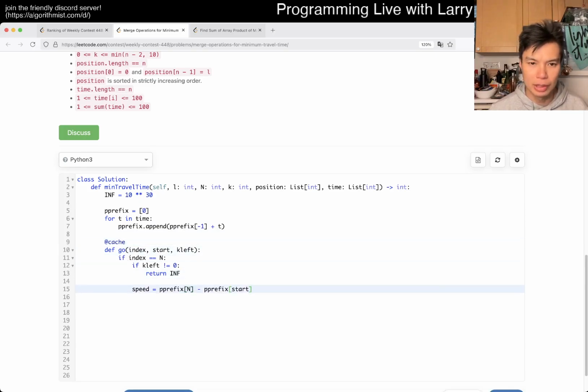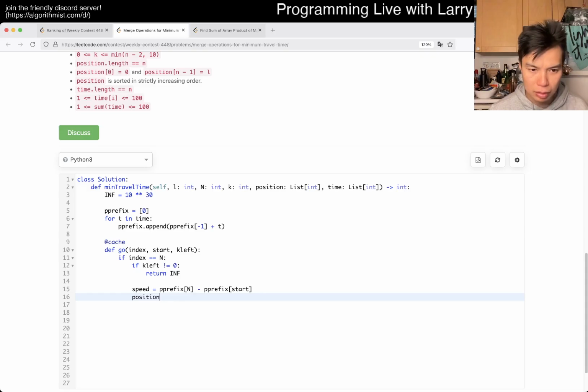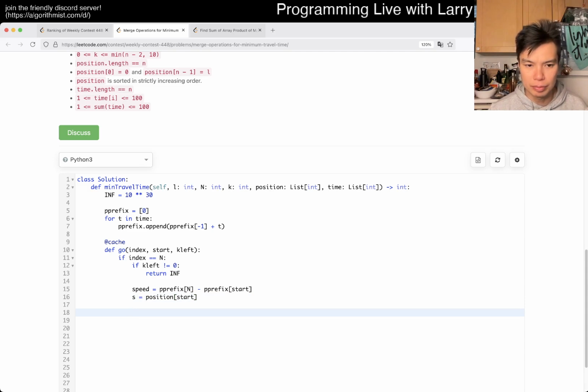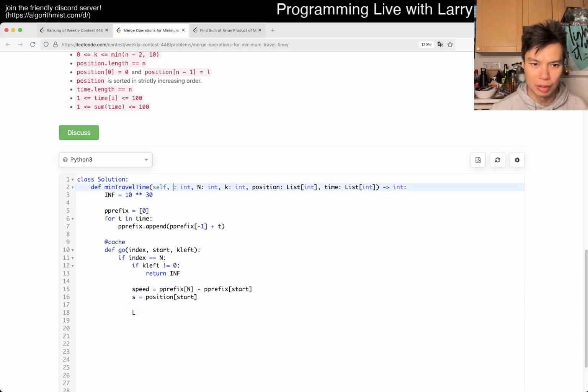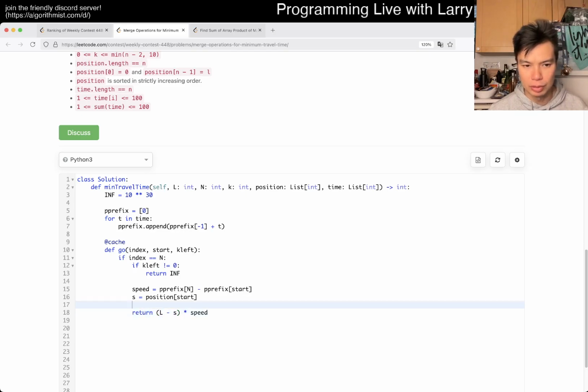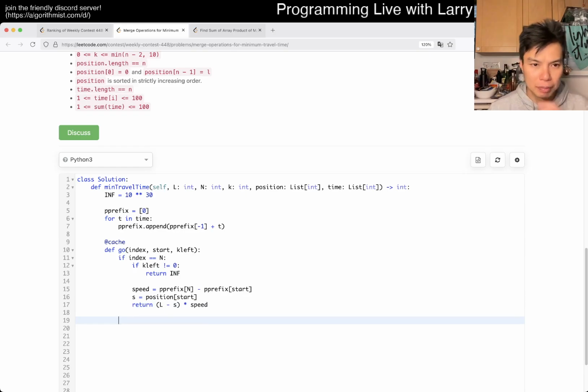The starting location would be position of start. So okay, so then now it's just L. Let's just pick L. What's this small l thing? L minus the start times speed, right? So that would be the rest of the way. Okay, I think that's a good base case.